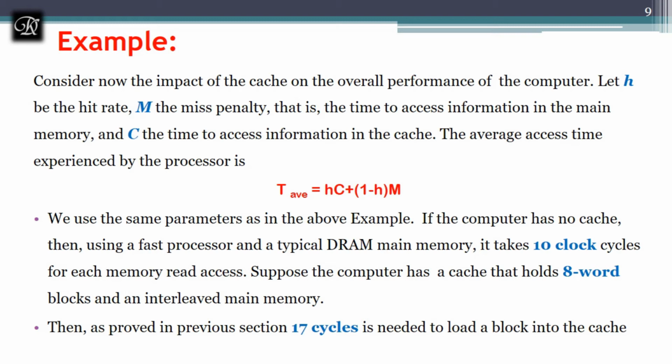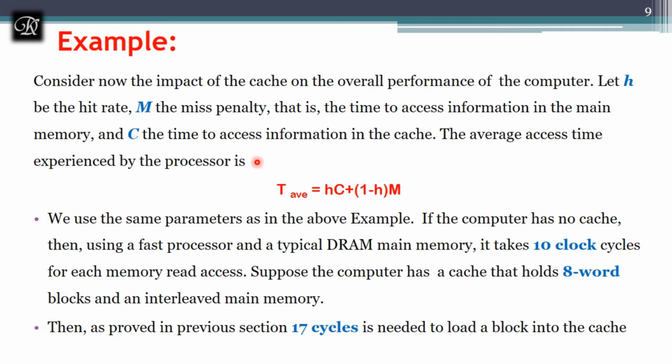Consider now the impact of the cache on the overall performance of the computer. Let H be the hit rate, M be the miss penalty, that is the time to access information in the main memory, and C be the time to access the information in the cache.